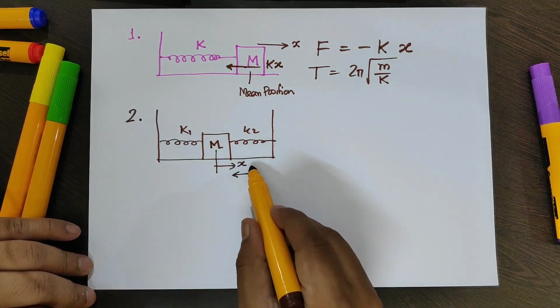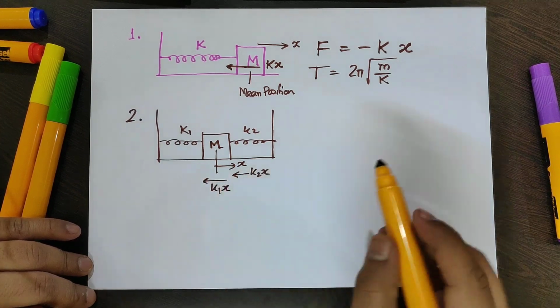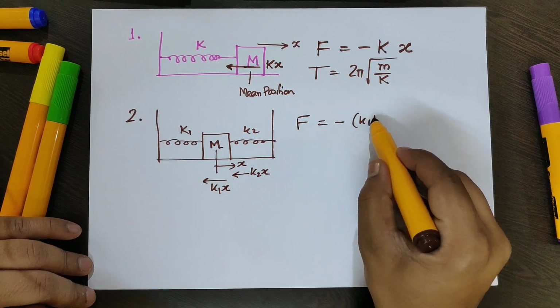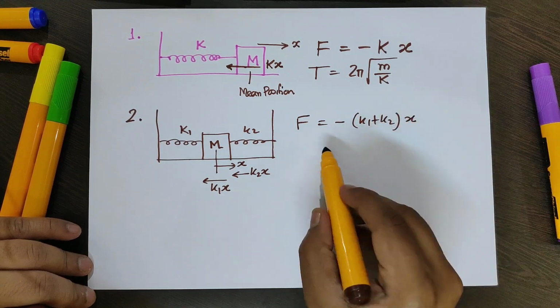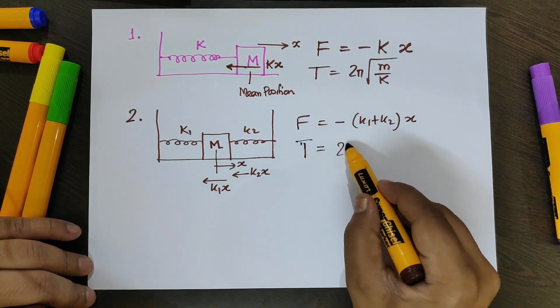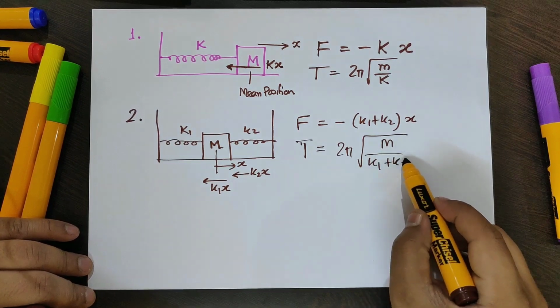This spring will push with K2x and this spring will pull with K1x. So the net force F equal to minus (K1 plus K2) times x. So for this the time period will be 2 pi root over m by (K1 plus K2).